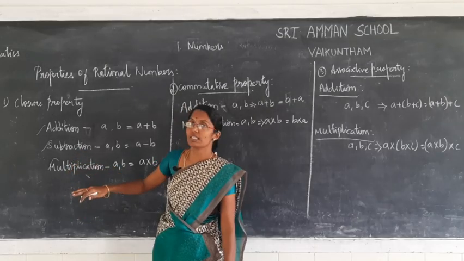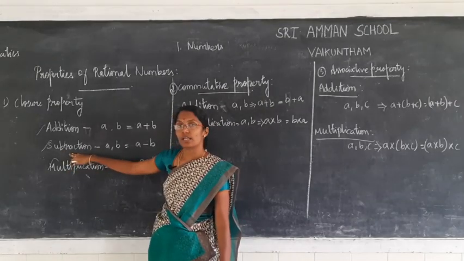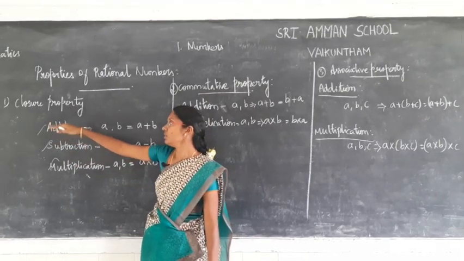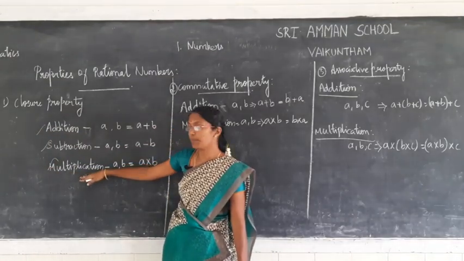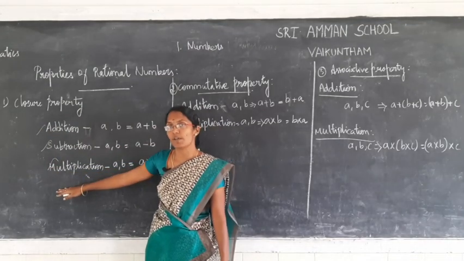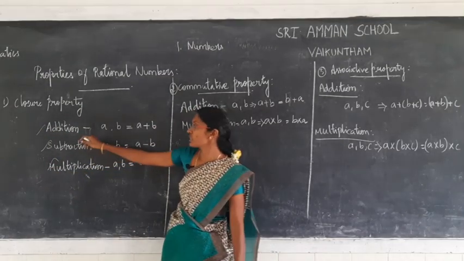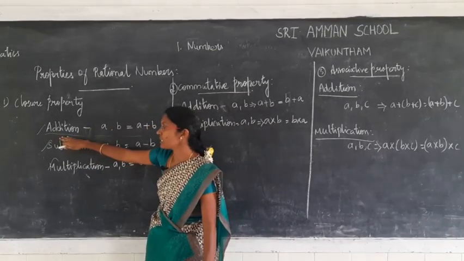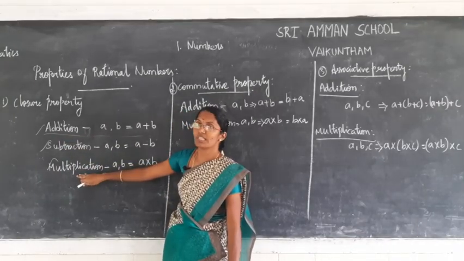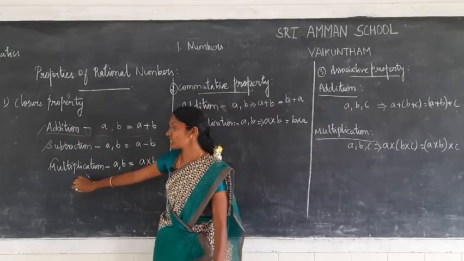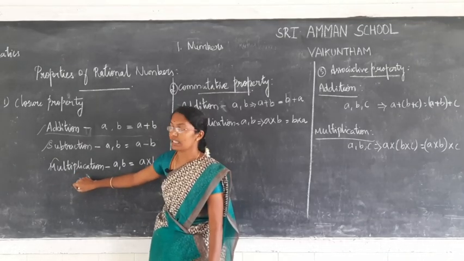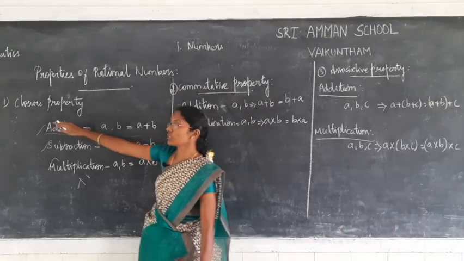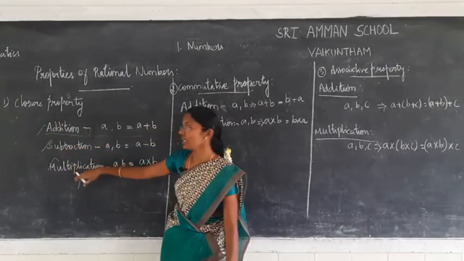Some properties satisfy subtraction, but some don't. Some properties satisfy multiplication, some don't. Addition is satisfied by all the properties. Division is not satisfied by any property, and subtraction is satisfied only by the closure property. So closure property satisfies addition, subtraction and multiplication.